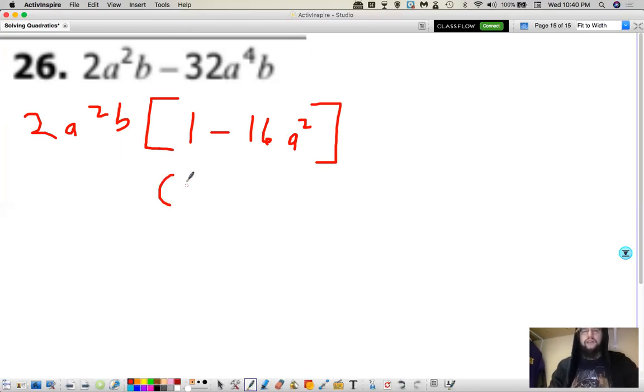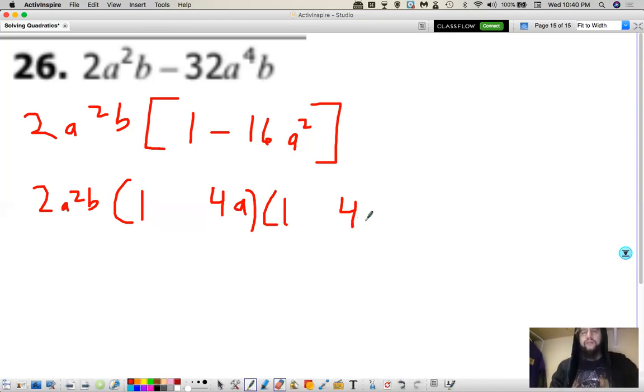That's going to be, don't forget this guy. 1 and 4a, the square root of that, square root of that, square root of all your pieces you have, 1 and 4a. One of them is a plus, one of them is a minus. Doesn't matter which is which, obviously, because multiplication is commutative. That's it. We're done. Continue later. Goodbye.